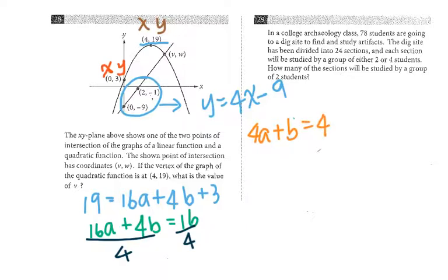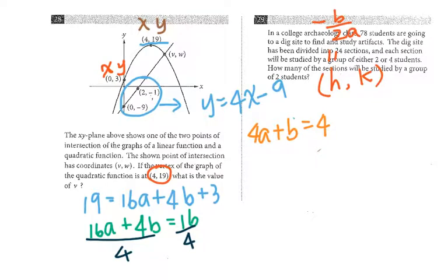Now let's go back to this quadratic function, and you have to use the vertex information. Vertex is (4, 19). We know that for vertex (h, k), h will be negative b over 2a.